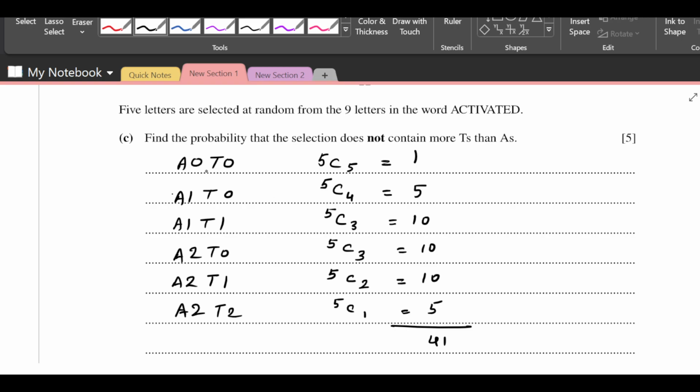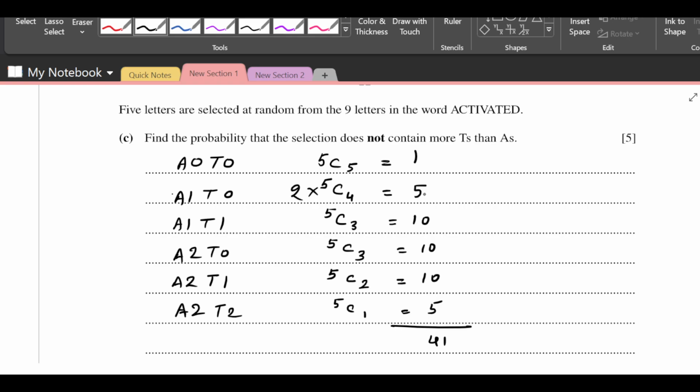When there is no A, no T, I have to select from 5. I am choosing 5. When there is one A and no T, there are two A's, so I can select either of the two A's. So here it should be 2 times 5C4, right?